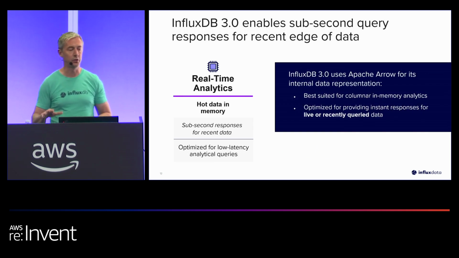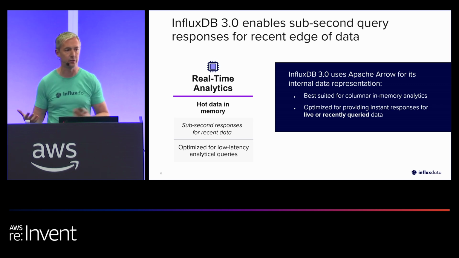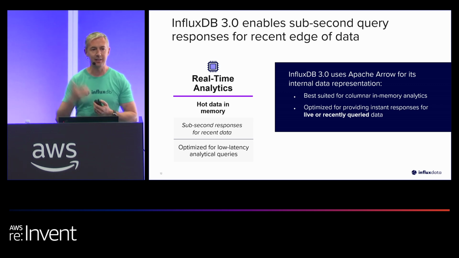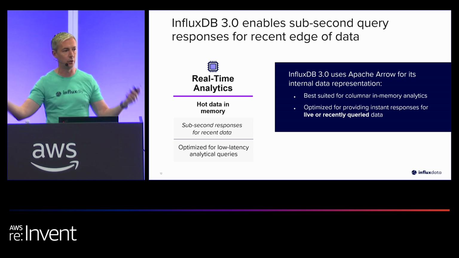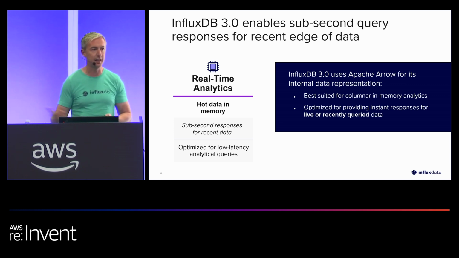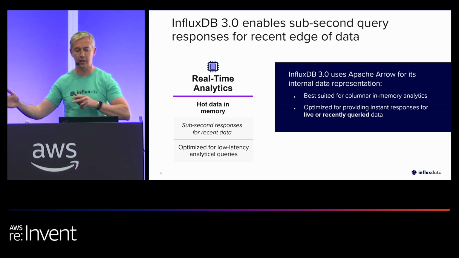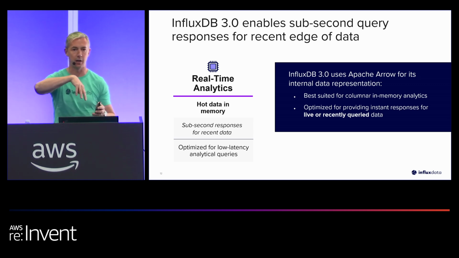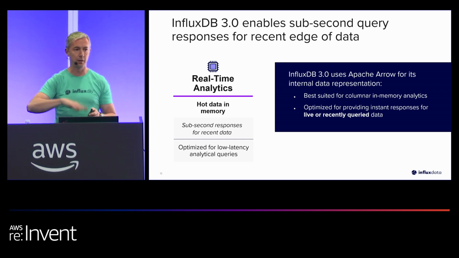One of the other things that was really difficult to get with 3.0, I think one of the secret sauces of it, is it's easy enough to build a query engine that's going to suck in data from object storage and give you an answer. But it's really hard to get it to do that and answer queries in less than a second. So a lot of the infrastructure we built in 3.0 is basically a way to manage the data lifecycle as you ingest the data in real time, keep it in memory, buffered, and available for query, while at some point you later persist it as Parquet files into object storage.